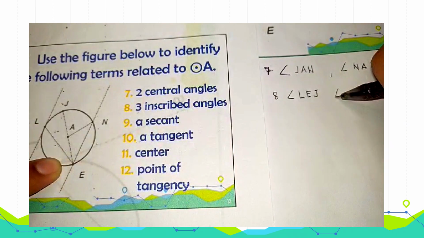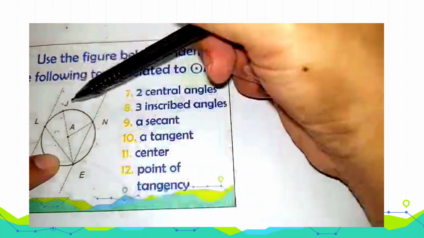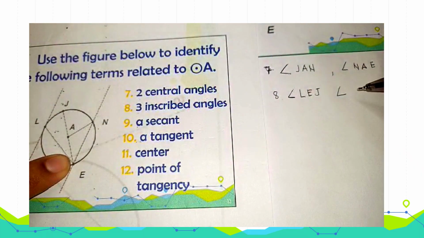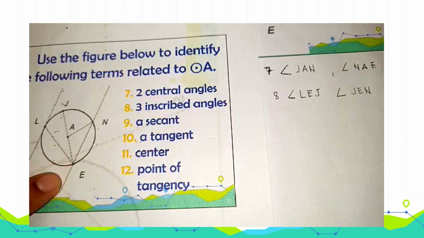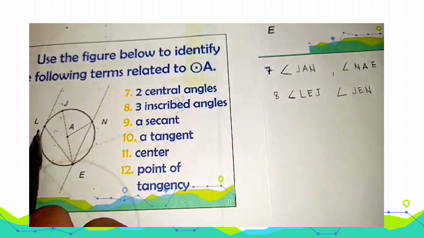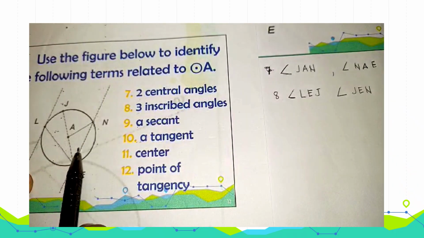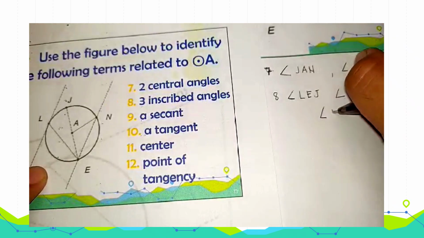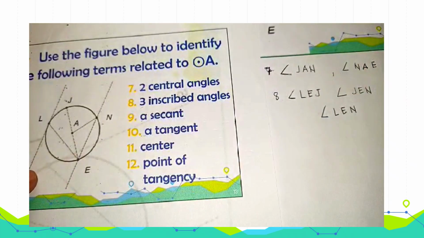Next, since we are to name three inscribed angles, we will have angle JEN. And the third one will be angle LEN, the bigger angle.